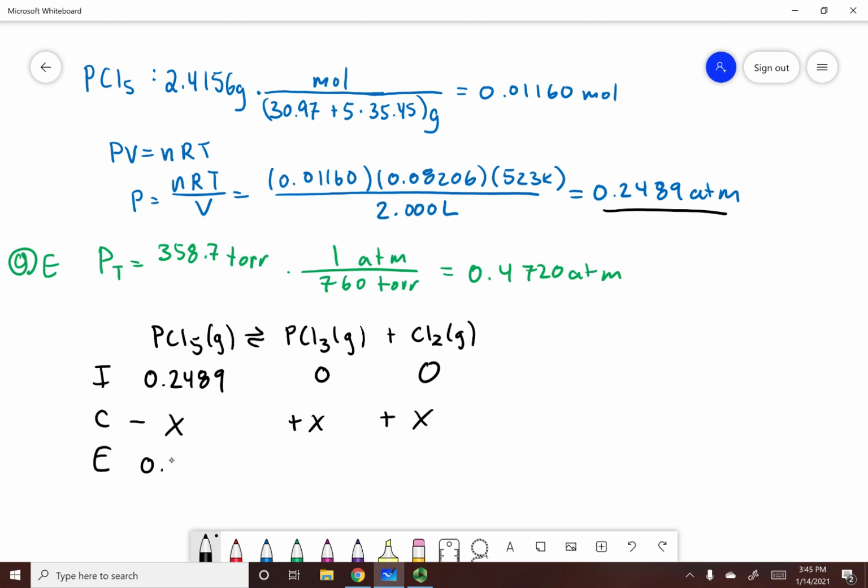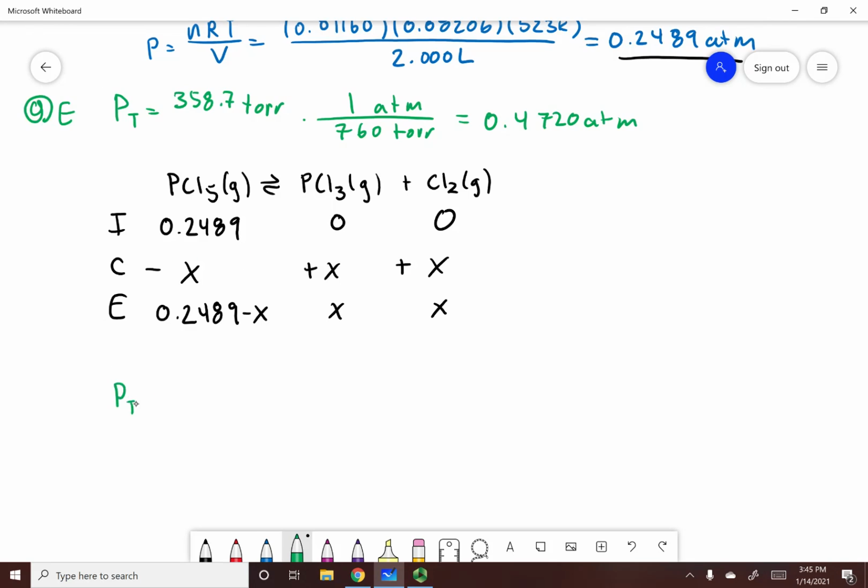So I get 0.2489 minus X, X, and X as my equilibrium pressures. Now we can use the total pressure. Remember, the total pressure, which is the pressure at equilibrium, is 0.4720 atm.